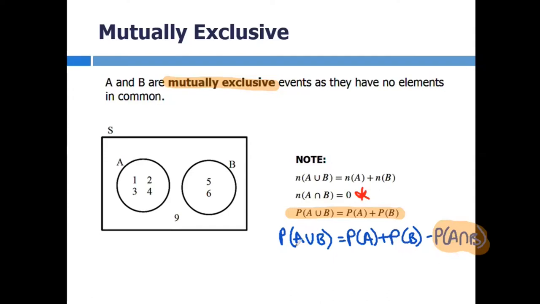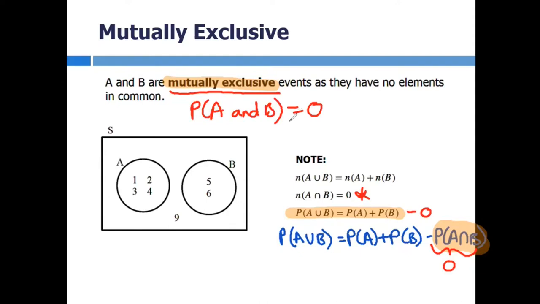So when I'm working out with the normal formula that you should know all the time, it looks like you've left out the probability of A and B, but actually the probability of A and B happening is 0 because there is no A and B. Okay, so it's not actually a new formula, but you need to realize that mutually exclusive means that the probability of A and B is equal to 0.